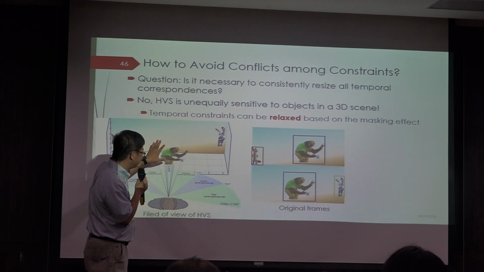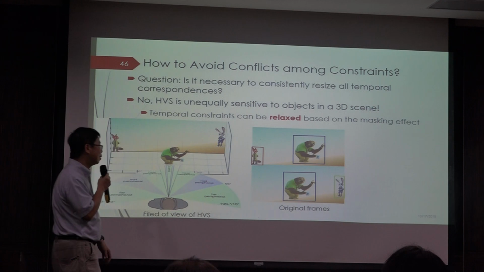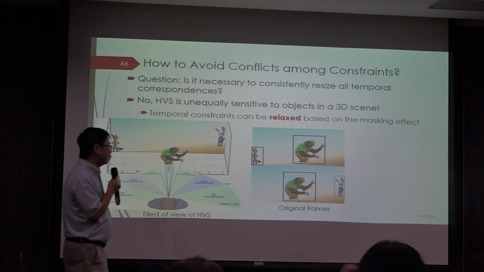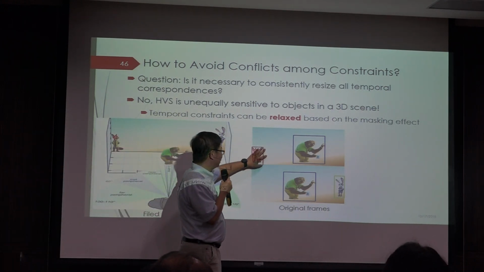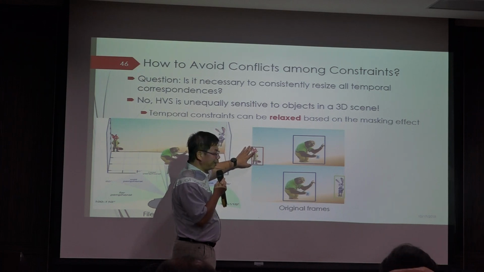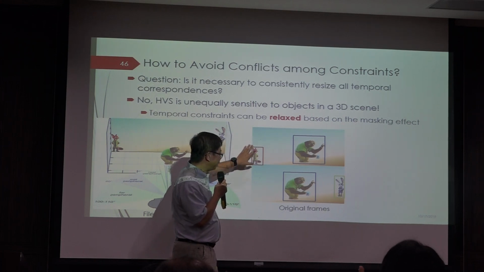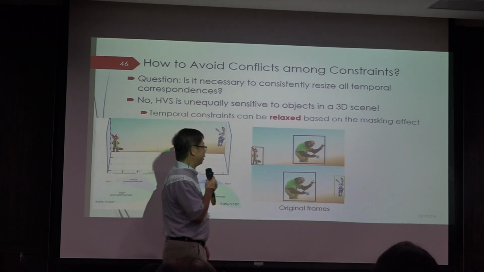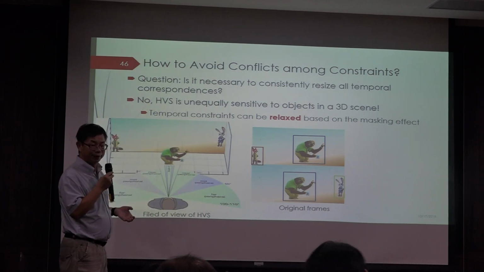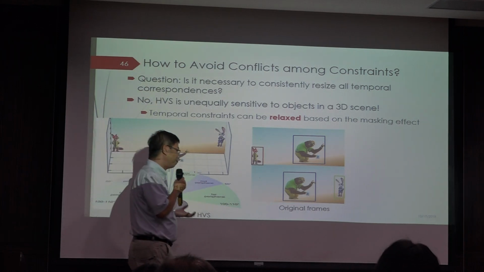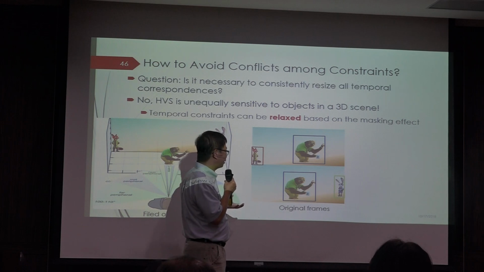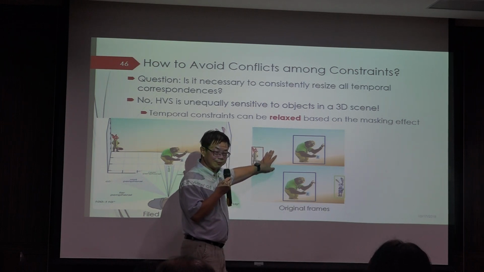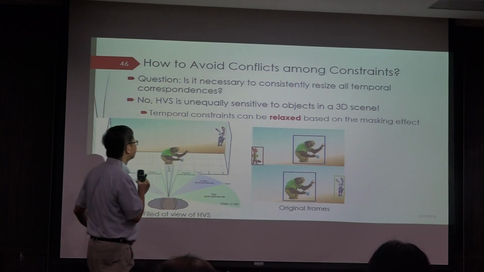Our HVS will be more sensitive to this object. But for those objects on the boundary, like the depth boundary on the depth view, which are far away from the central field, our human visual system is much less sensitive to these objects.